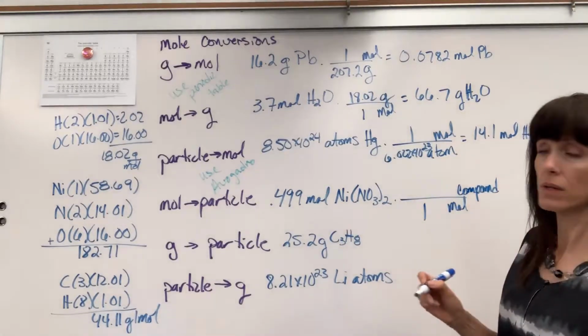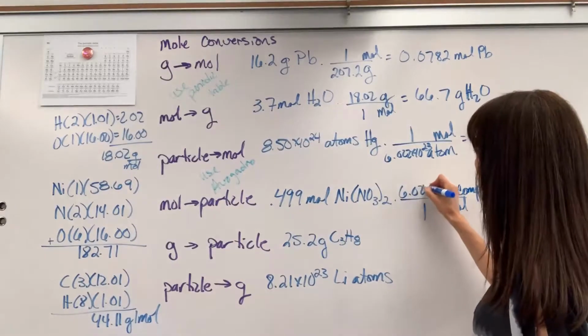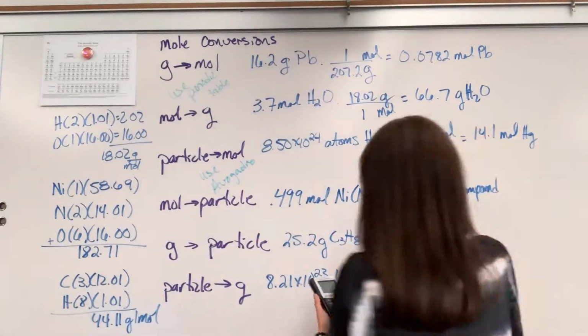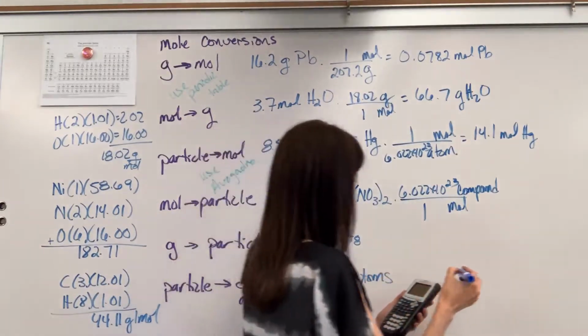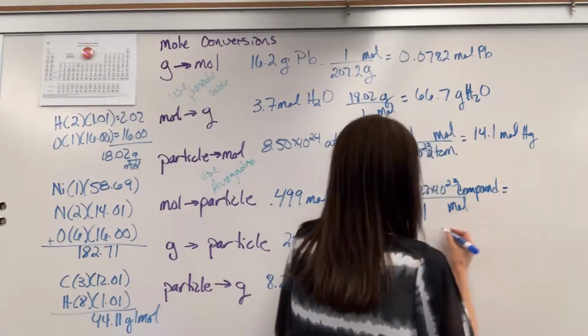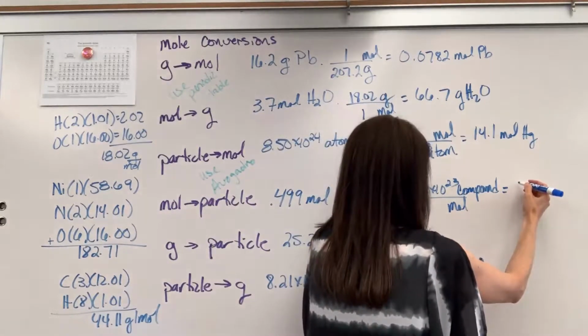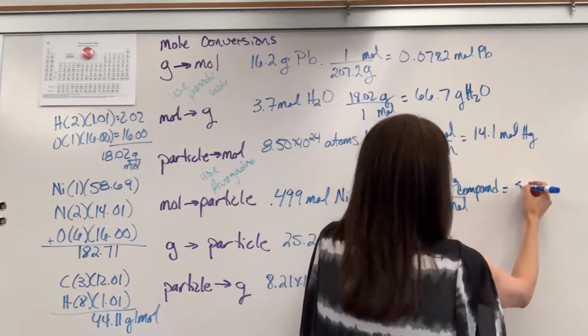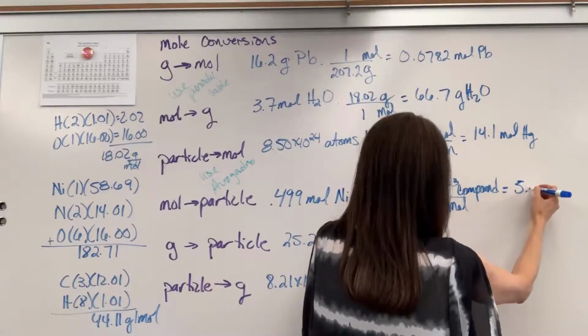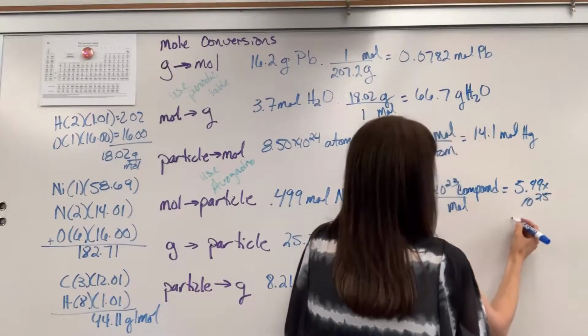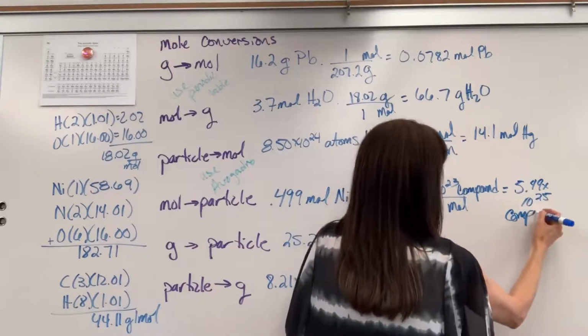So 1 mole contains 6.022 times 10 to the 23 compounds. Do that calculation and we get 5.49 times 10 to the 25 compounds.